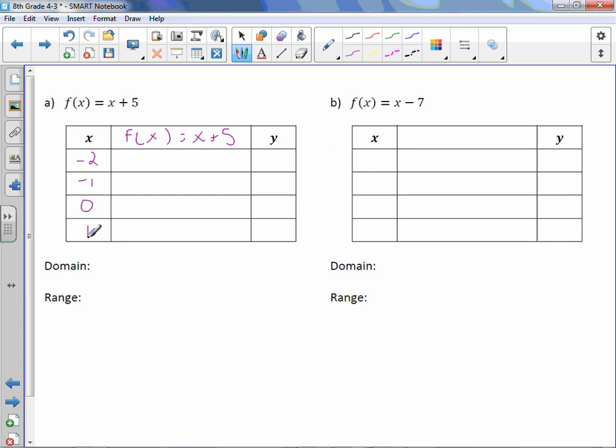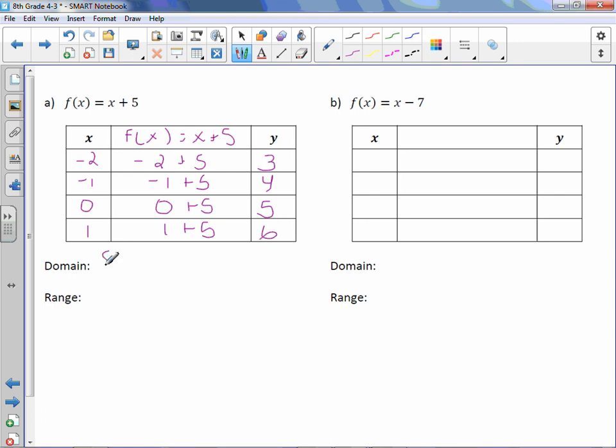Make sure you get at least a negative, a positive, and 0 in there. All we do is plug them into the x plus 5. So -2 plus 5 is 3. -1 plus 5 is 4. 0 plus 5 is 5. And 1 plus 5 is 6.